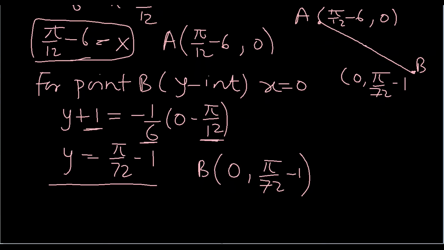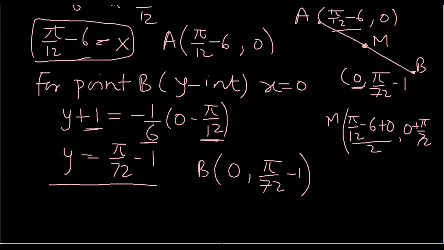Alright, and we have to find the coordinates of the midpoint. So the coordinates of the midpoint will be pi over 12 minus 6 plus 0, because this is 0, right? Add these two coordinates, divide by 2. And comma, 0 plus pi over 72 minus 1, divided by 2. Let's see what the final answer is. Are they asking for the exact value or decimals?